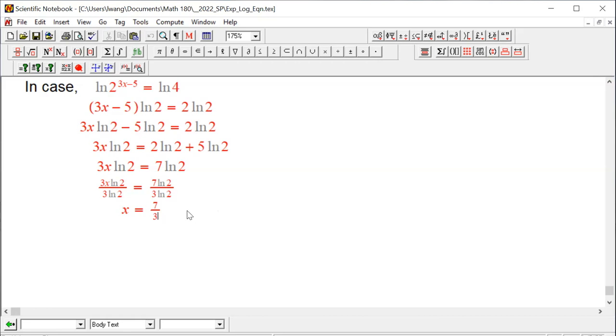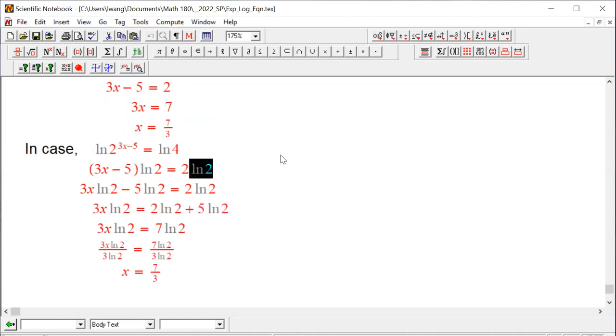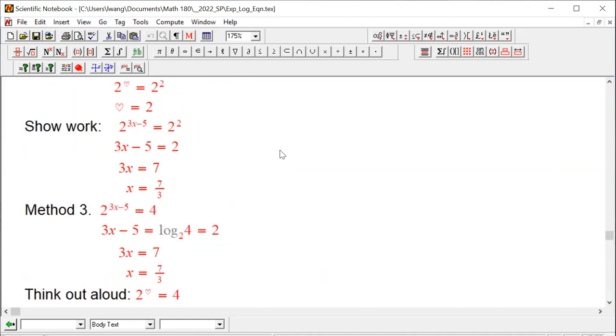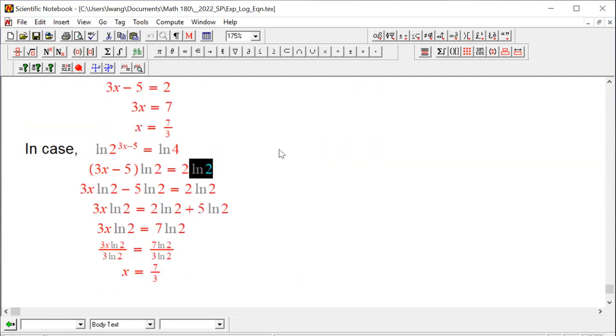One of the lessons we must learn is that you must treat ln2 as a single number. ln and 2 are inseparable. So you can see no matter what method you use, you're going to get the same answer.